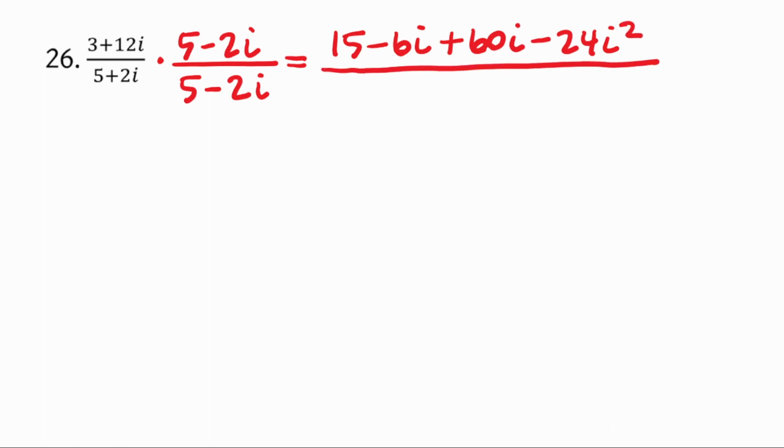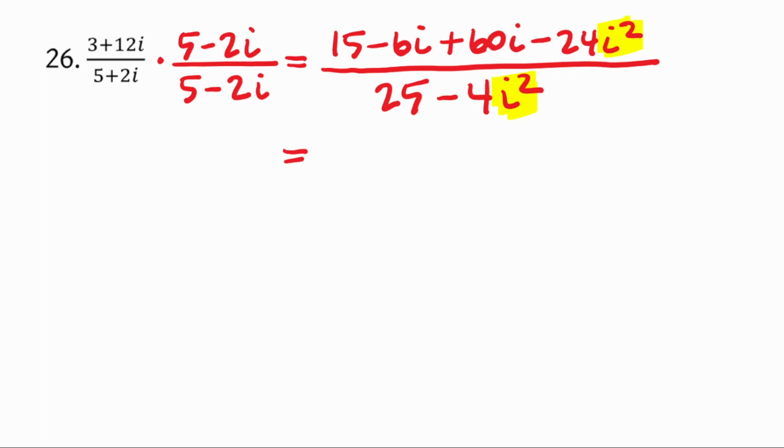Divide by, on bottom, 5 times 5 is 25. I know that the outside and inside terms are going to add away to 0, negative 10i plus 10i, so I'm not even going to write those down. Negative 4i squared. So I just need to get rid of these i squareds, replace them with a negative 1.